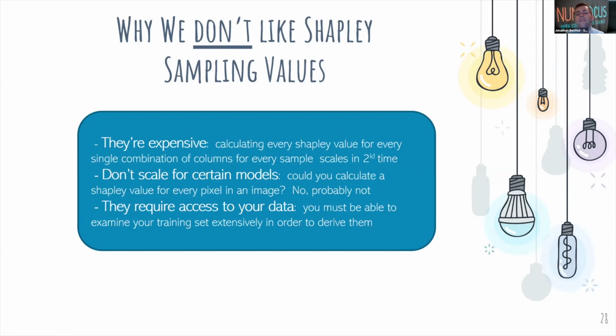In this case, k is the number of columns in your data set, or the number of features you want to calculate against. So fully calculating the exact Shapley value would be quite cumbersome. Therefore, raw Shapley sampling by itself isn't always going to scale especially well for all models.